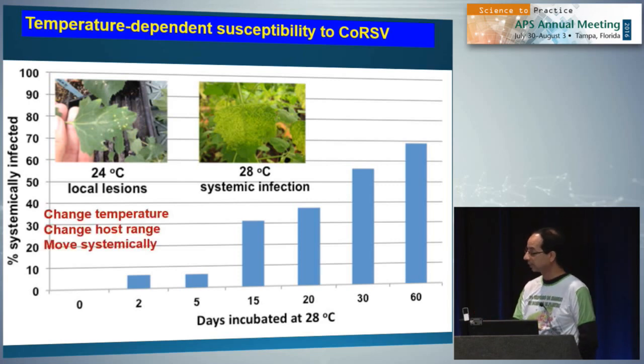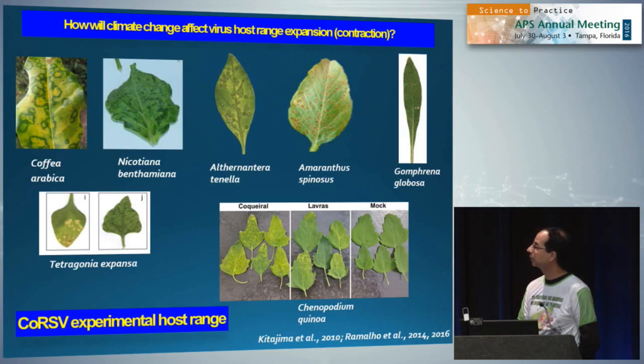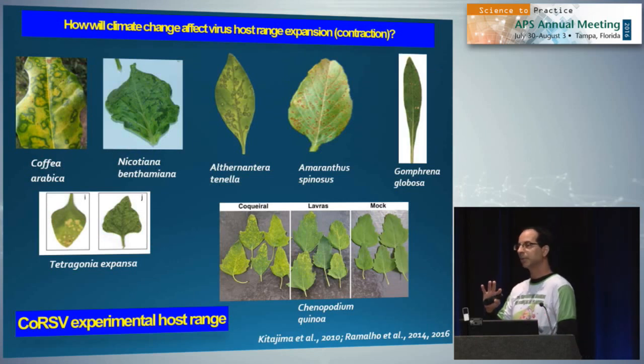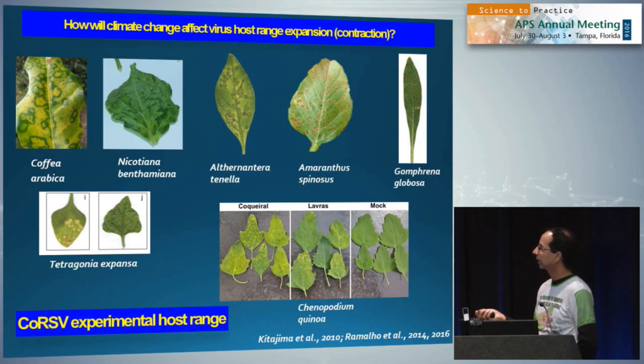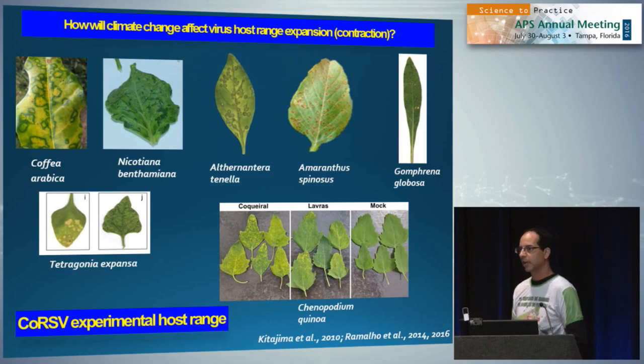And that just raises all kinds of questions for what climate change will do to virus host range expansion or contraction, depending on the virus. And by basically warming plants up by a couple degrees, you can greatly expand the host range of coffee ring spot virus.